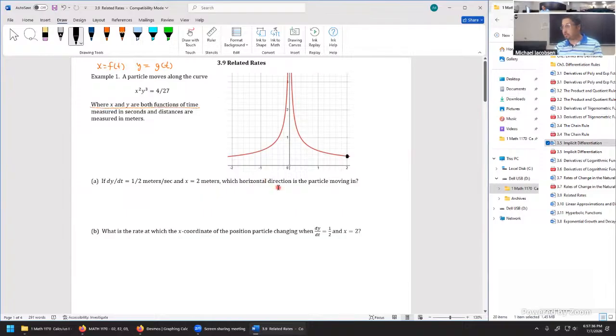When it's asking which horizontal direction, we want to know, is it moving to the right or is it moving to the left? And we have the right amount of information to resolve that.